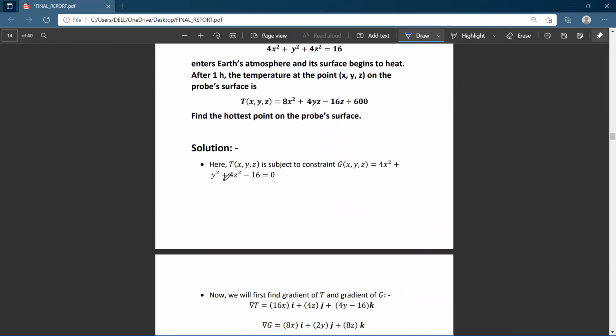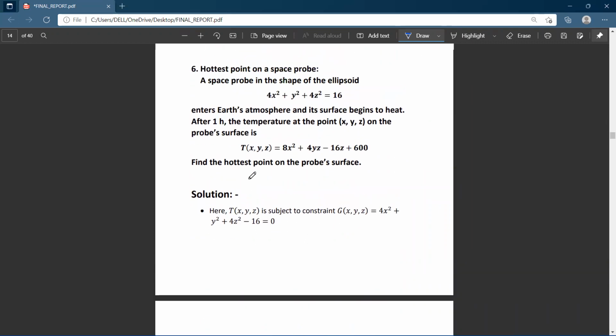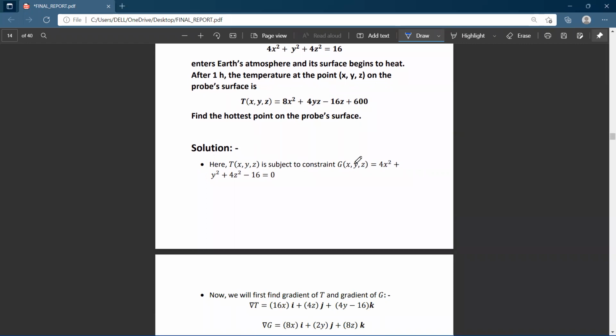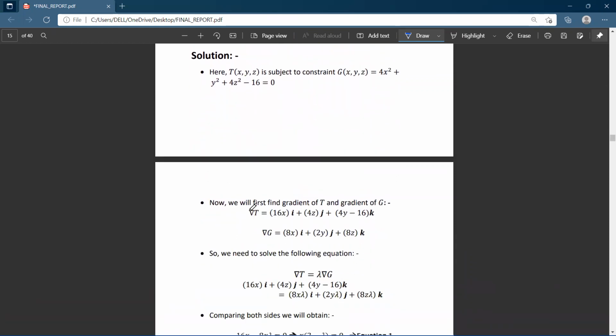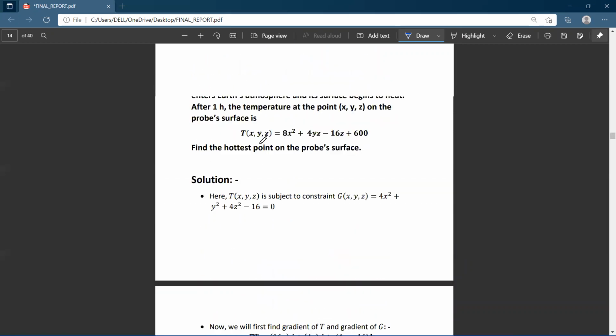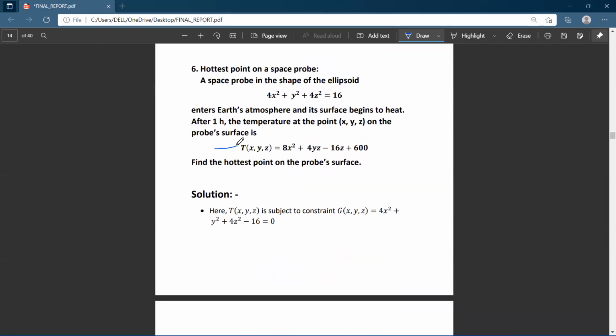Okay, so T of x, y, z is subject to the constraint given by the equation of the ellipsoid, which is clearly observable. To solve this, we will first find the gradient of T and the gradient of G using these equations.